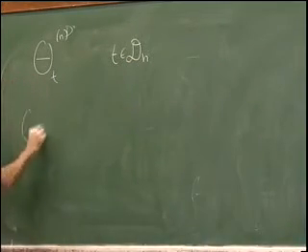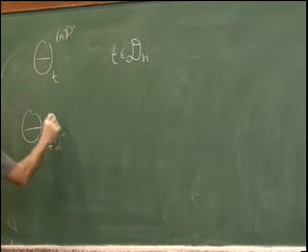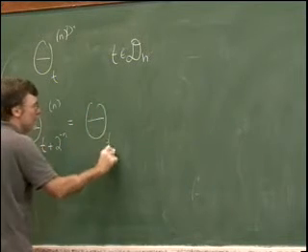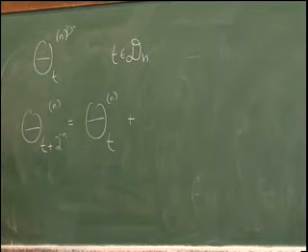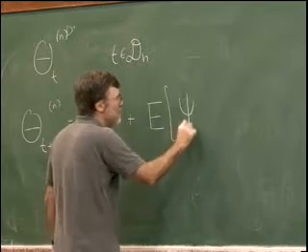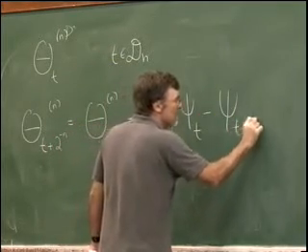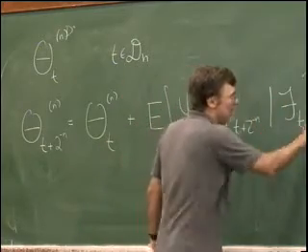So theta_{t+2^{-n}}^n equals theta_t^n plus the amount of mass lost from time t to time t plus 2^{-n}, which is just the expected value of C_t minus C_{t+2^{-n}} given F_t.